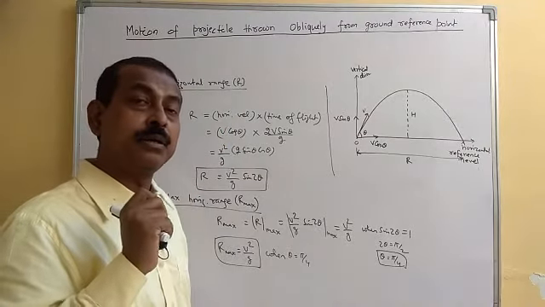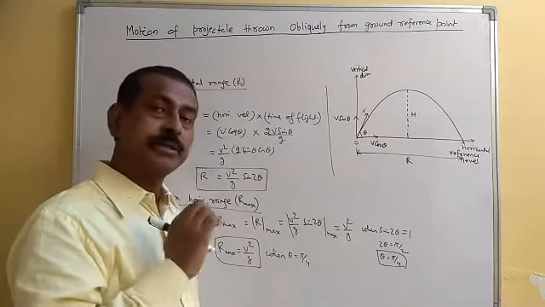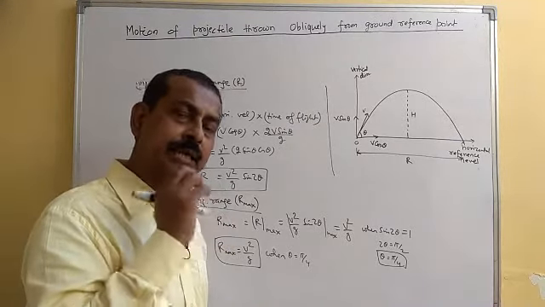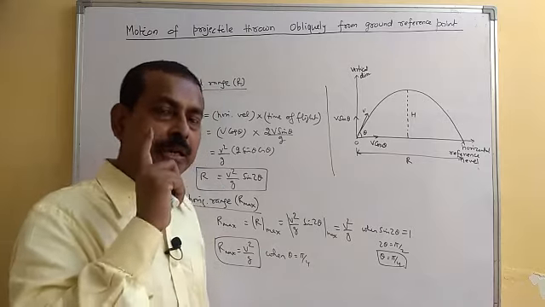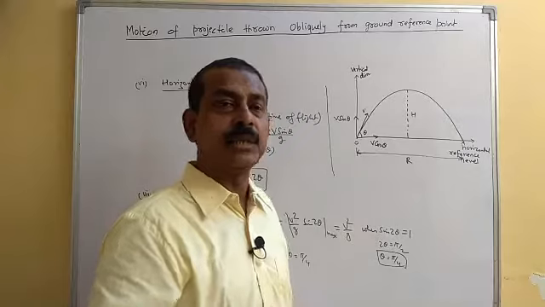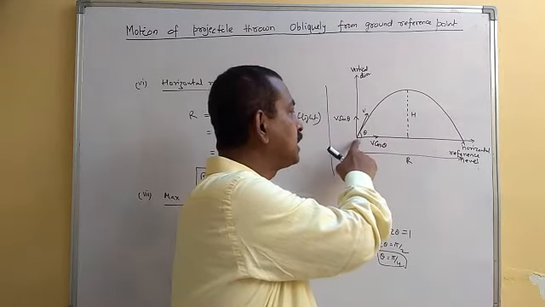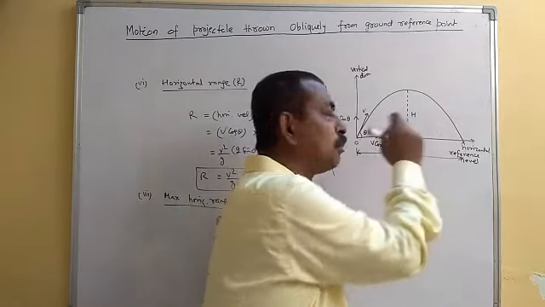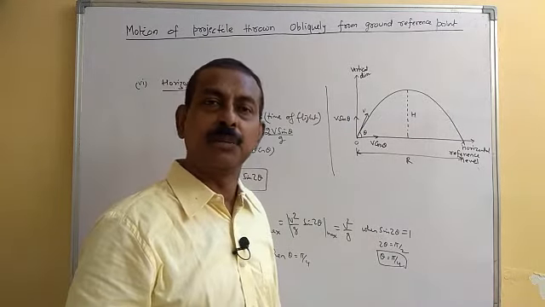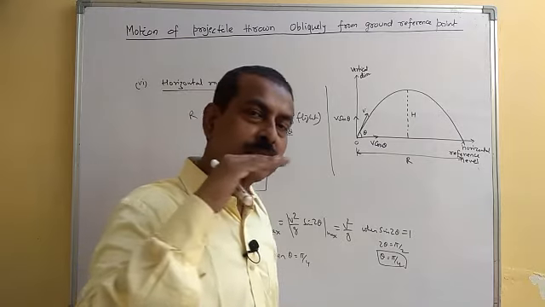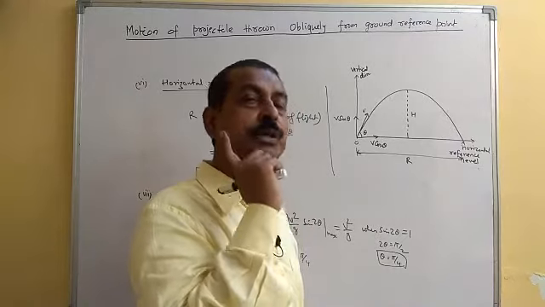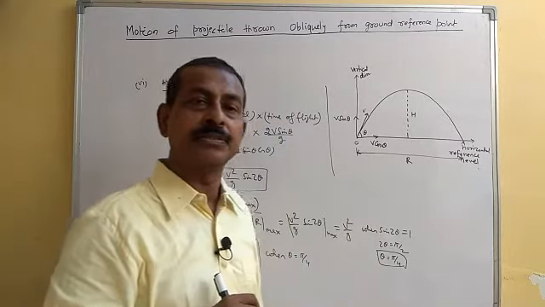But is the horizontal range maximum at exactly 45 degrees only? It is maximum at 45 degrees only for the case when it is thrown such that the point of projection and the point where it is ending its journey are at the same horizontal level. If they are at the same horizontal level, then only the angle of projection should be 45 degrees to get maximum horizontal range.